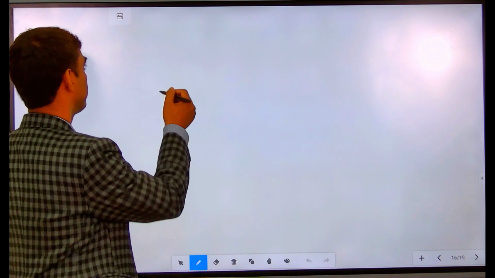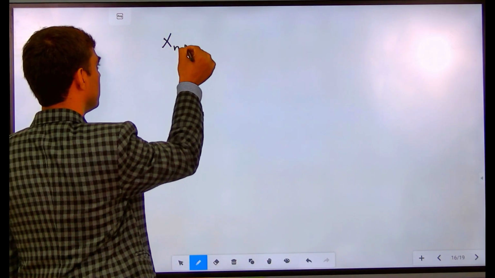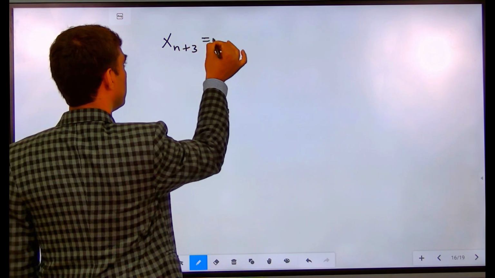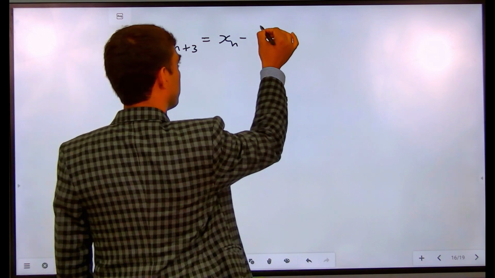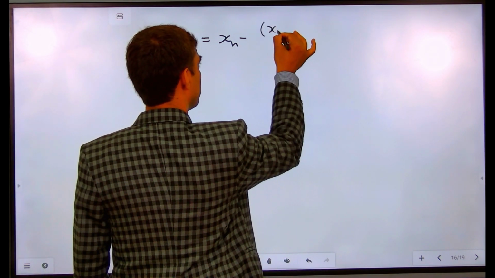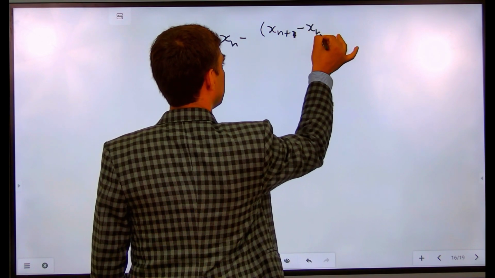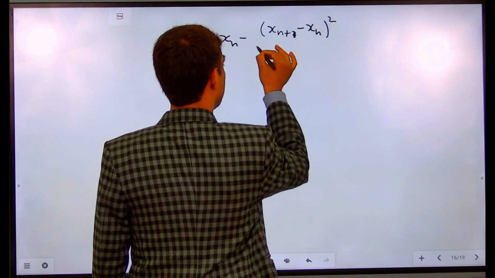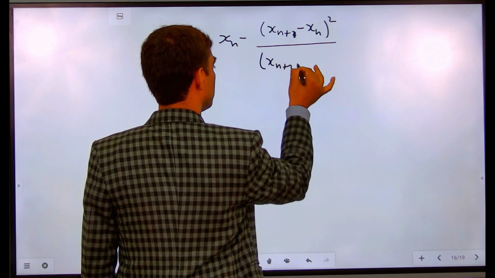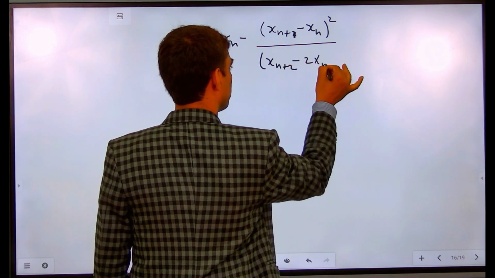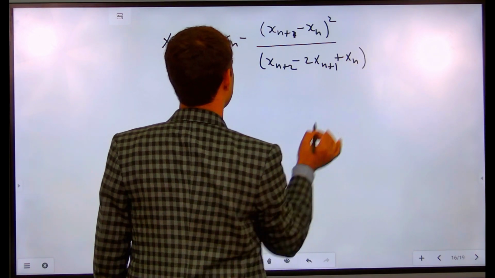Once we write the iterative scheme in the next phase, x_{n+3} = x_n − (x_{n+1} − x_n)² / (x_{n+2} − 2x_{n+1} + x_n).